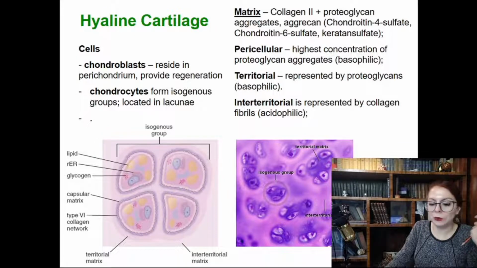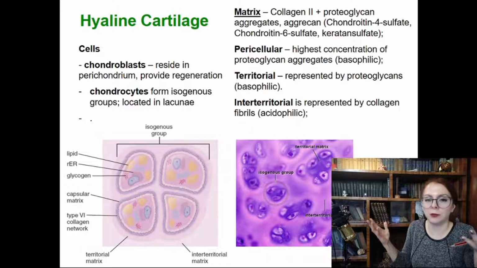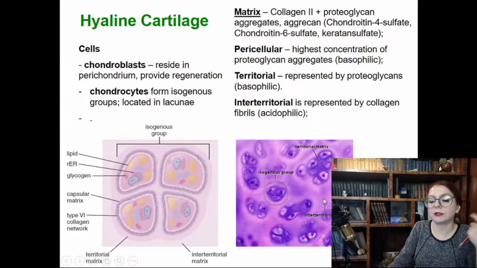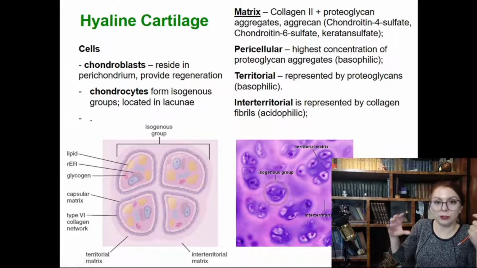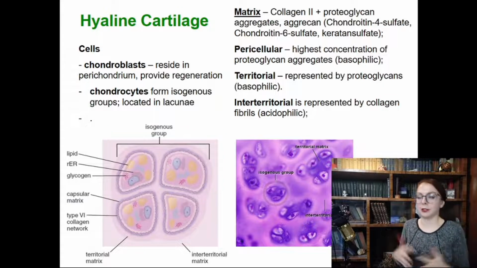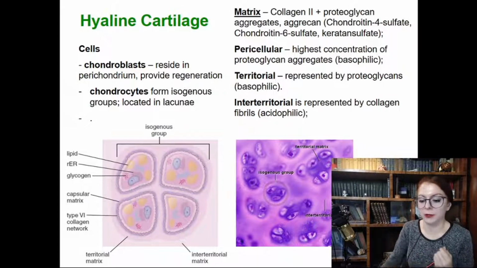So please do not forget that matrix is divided into territorial and interterritorial. The first is soft and viscous to make a comfortable environment for chondrocytes. The second is dense and stiff to provide the cartilage with its stiff properties, because its main function is to provide a mechanical skeleton.